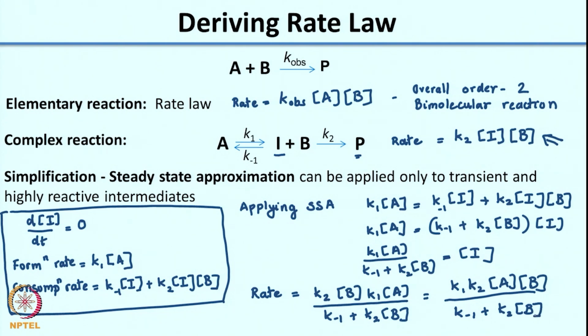So, now we have expressed the rate in terms of the rate constants and the reactants. You do not see the intermediate here. This is the rate law for this complex reaction shown here.